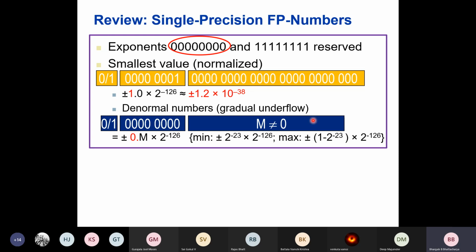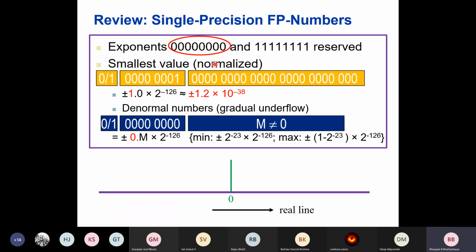They are not normalized because you don't have a leading 1; instead, you have a leading 0. The exponent is the same as the smallest value, and since m may run from all 0 to all 1, you again have a minimum and a maximum value. That gives you an additional opportunity of representing numbers within this range which would have been underflow.